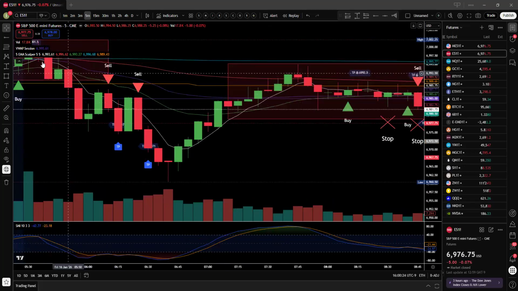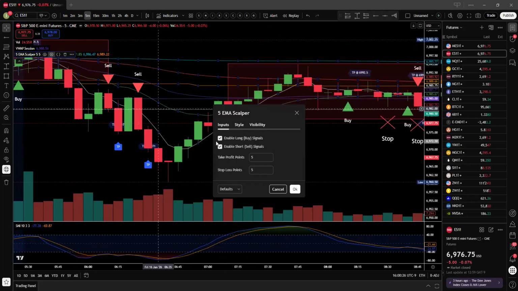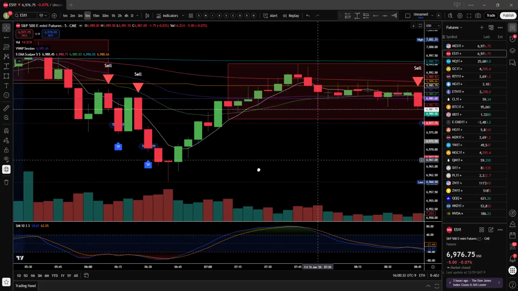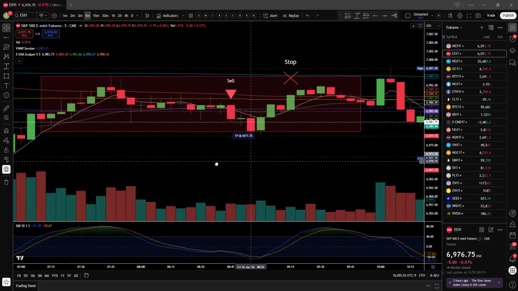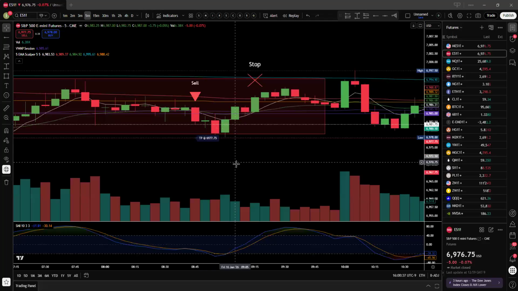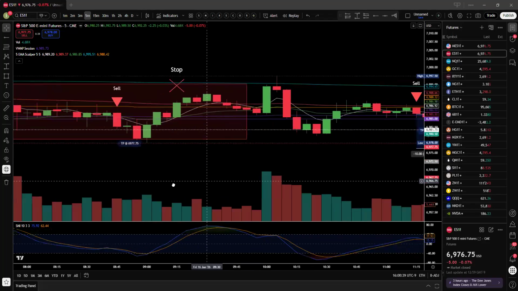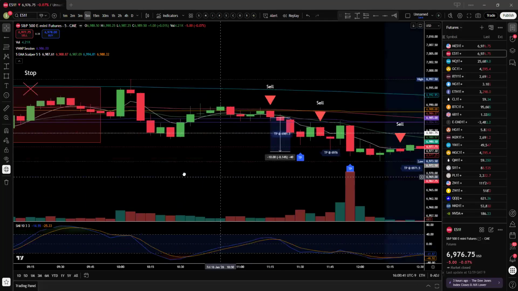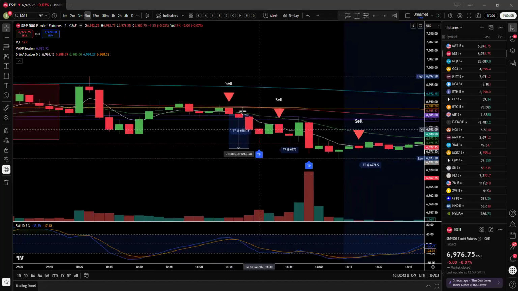So let's look over here at our short sells and go 5-5 over here. And this was our long, so we didn't go short until after this rejection here. So again, two clean setups.